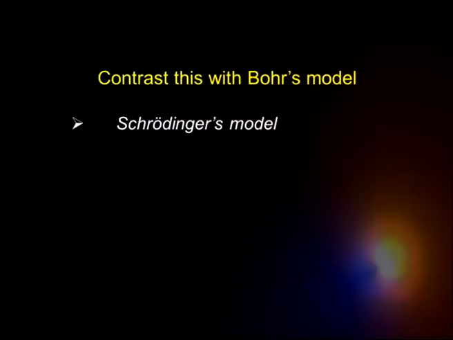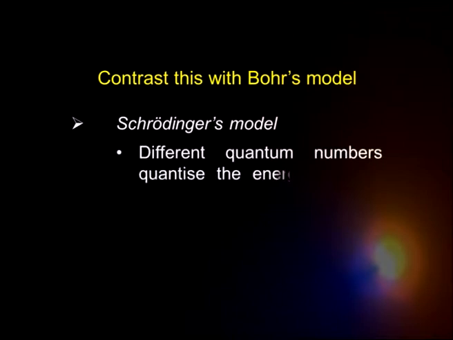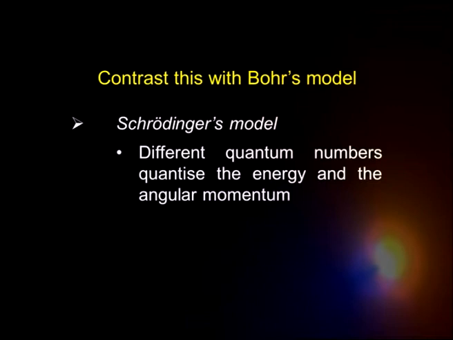That means the angular momentum was also quantized in terms of the quantum number n. Whereas in Schrodinger mechanics, we got two different quantum numbers, n which quantizes energy and L which quantizes the angular momentum. That is a very significant differentiation between the semi-quantum model and the quantum mechanical model.